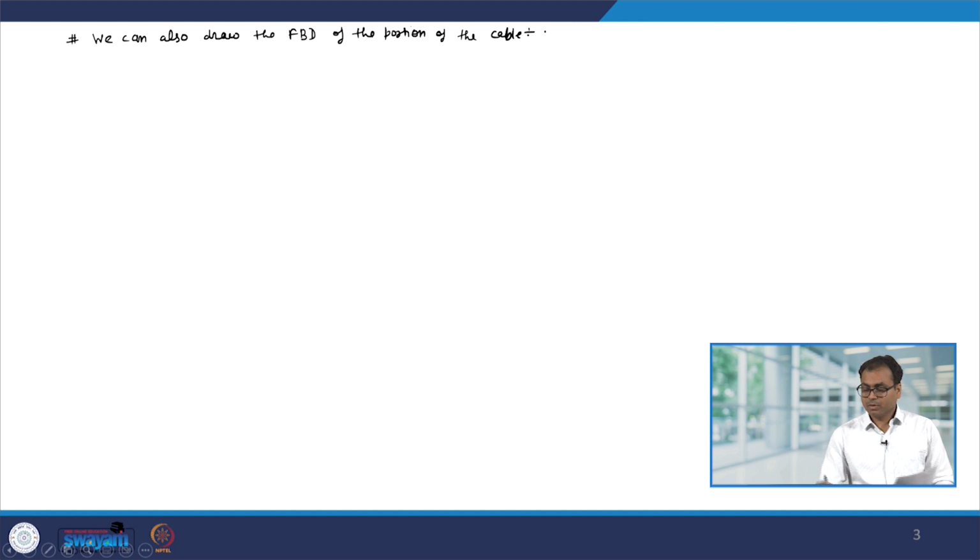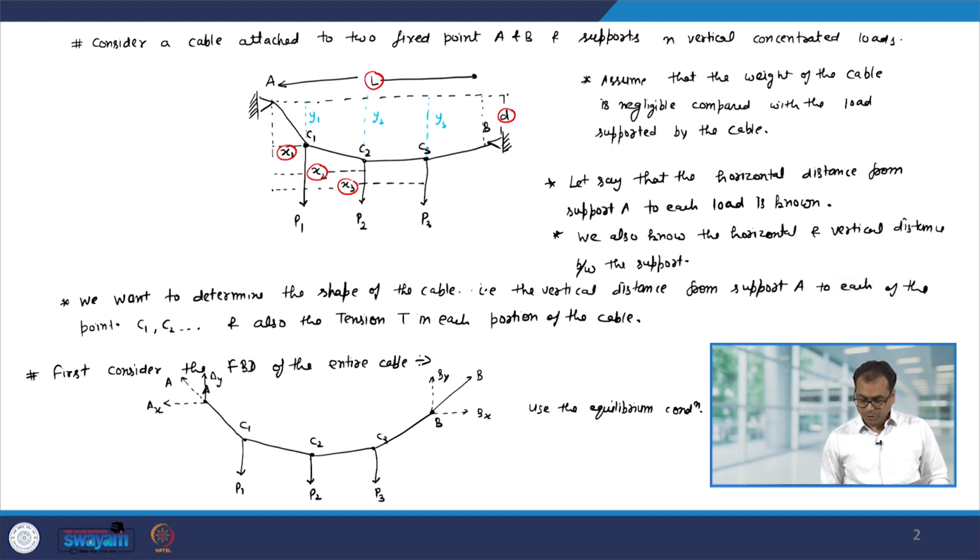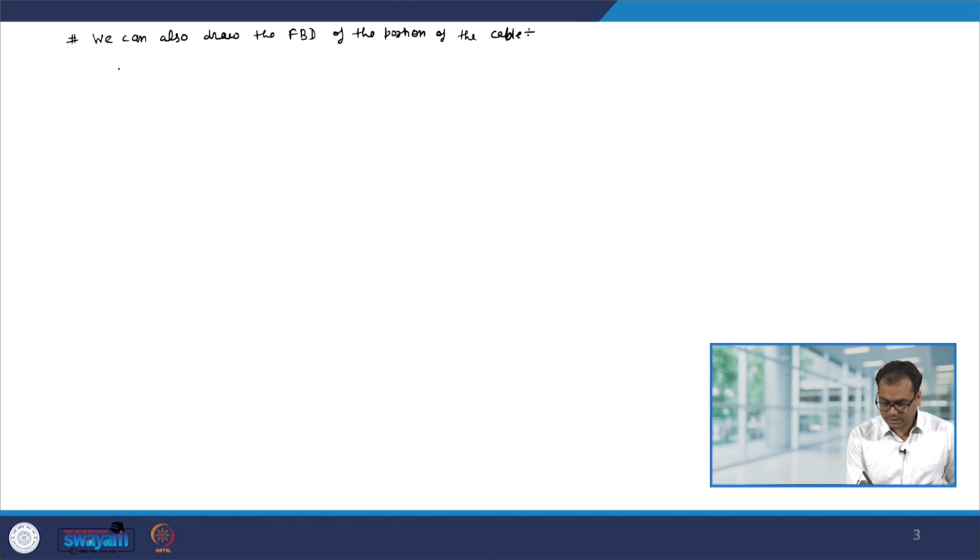Okay. So, let us say that I want to draw the free body diagram of AC1. So, I have to see what are the forces that are acting. So, let us say free body diagram of AC1. Okay. So, this is point A and this is point C1.